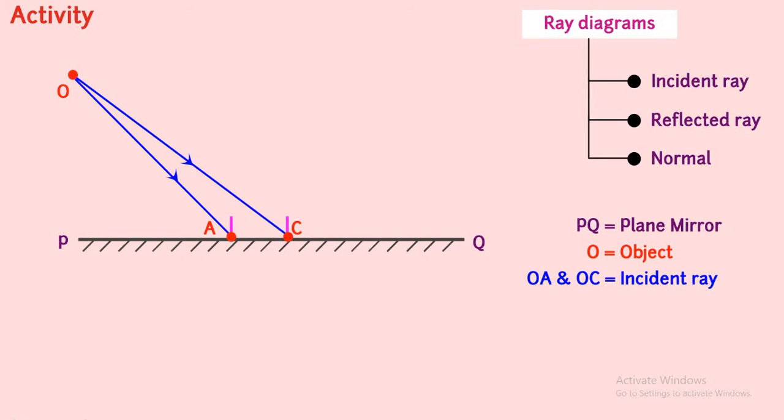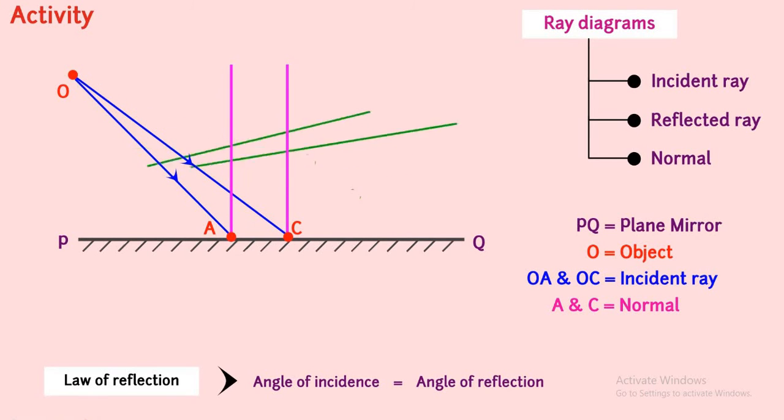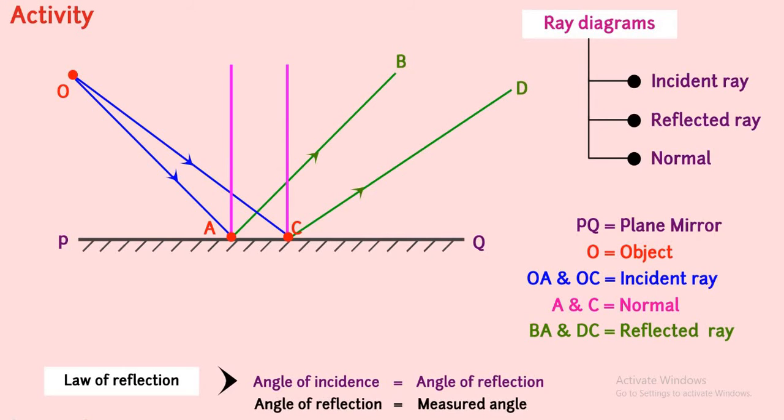Let's draw normals at these points. According to the law of reflection, the angle of incidence and the angle of reflection must be equal. So we measure the angle of incidence and draw reflected rays with the angle of reflection equal to the measured angle. The rays are not meeting outside the mirror.